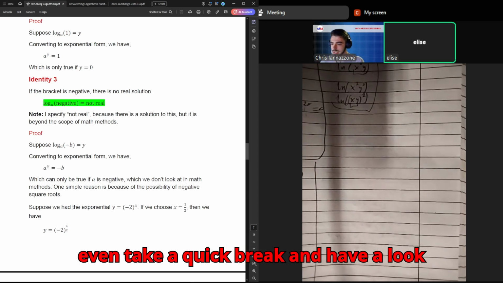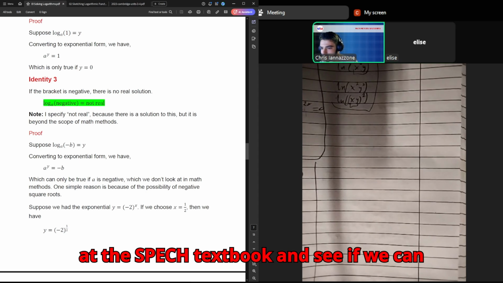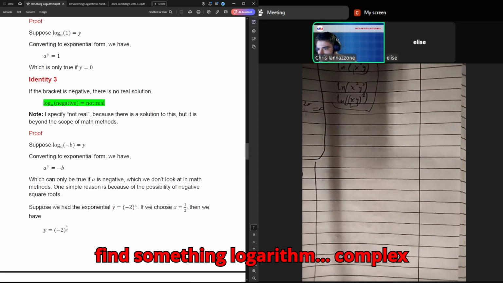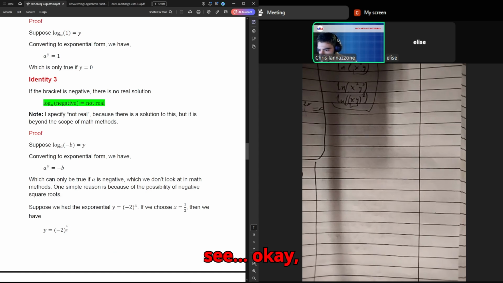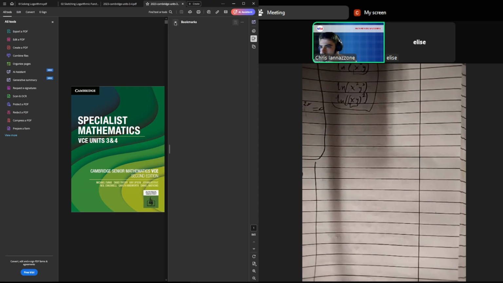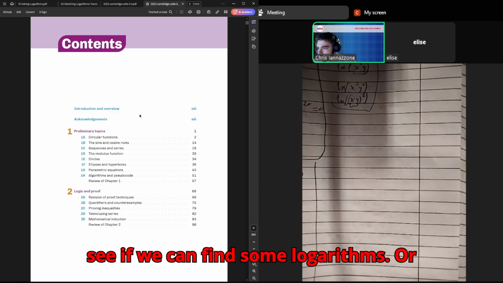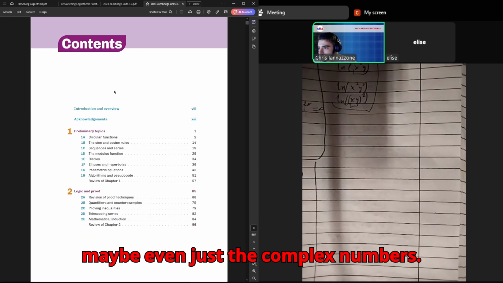Sure. We could even take a quick break and have a look at the Spesh textbook and see if we can find something logarithm, complex number logarithm related. Let's see. Textbook, Spesh, Cambridge. Let's see if we can find some logarithms, or maybe even just the complex numbers.